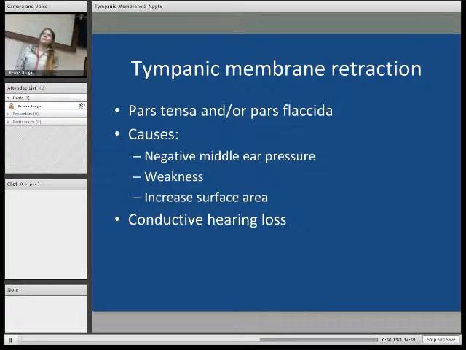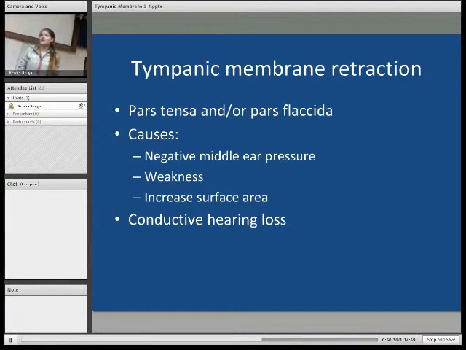So tympanic membrane retraction is when either the pars tensa or the pars flaccida parts of the tympanic membrane are retracted, and this can be caused by a variety of reasons. The first is negative middle ear pressure, which is often caused by an inadequate opening of the eustachian tube.